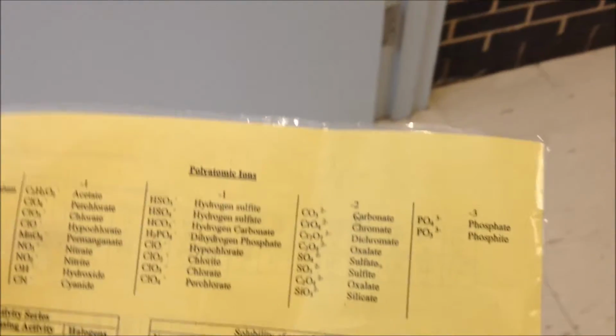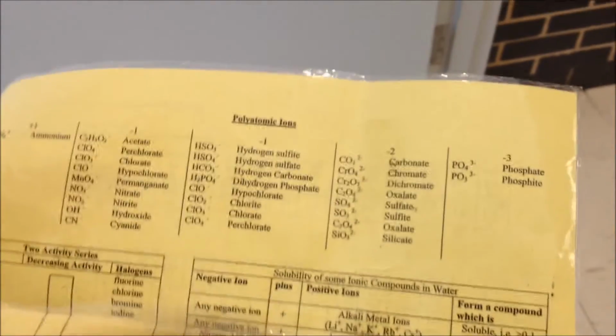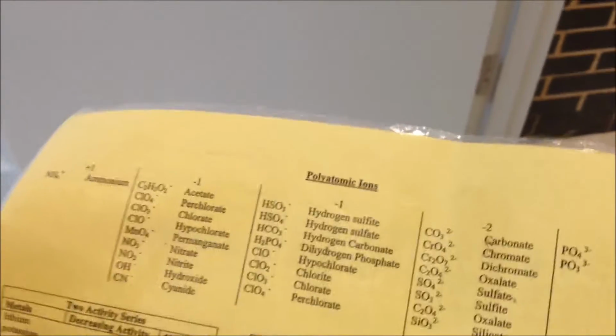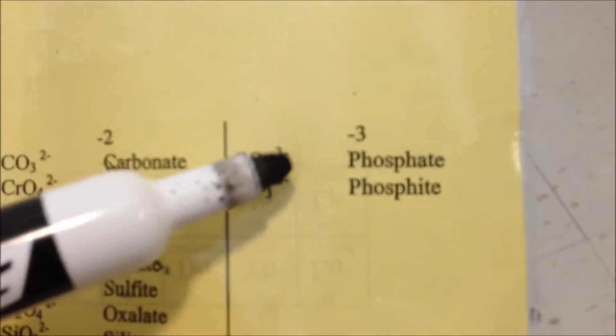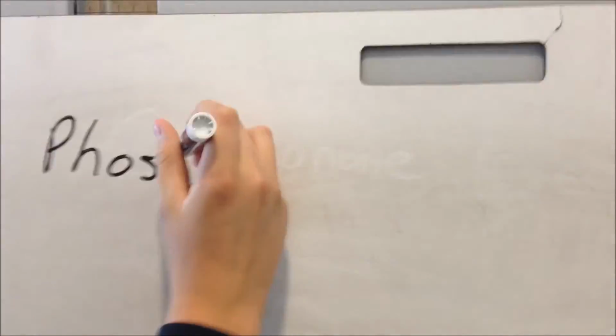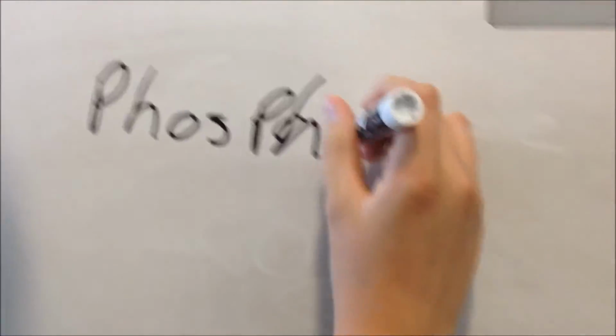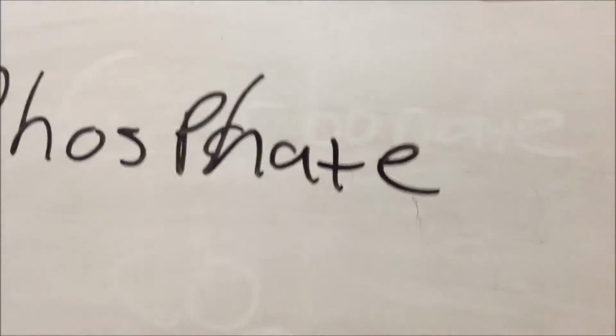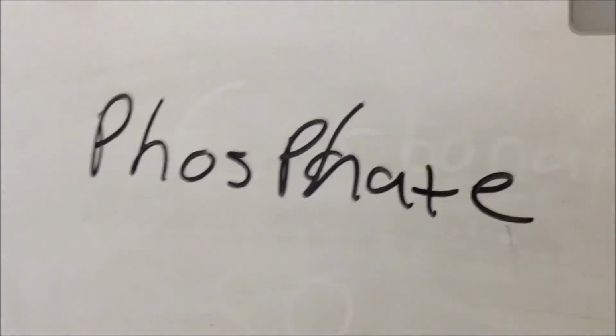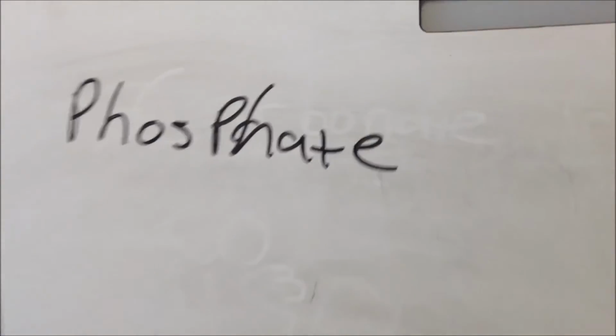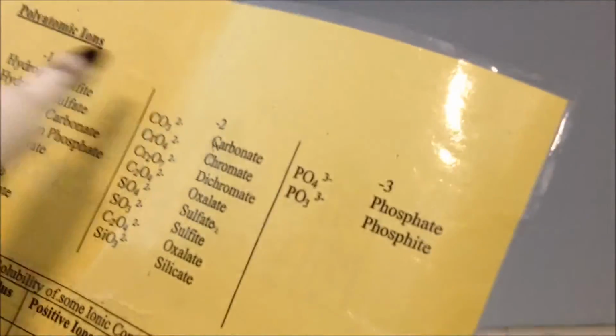So we're going to do one more example of a polyatomic ion, writing formulas from the names. So let's just use phosphate. That's the name, so let's write that up on the board. Now on the back of the periodic table, we're going to be looking through all of these, and we are going to find phosphate.